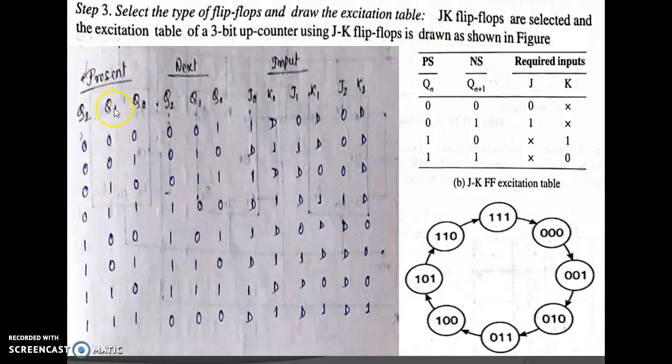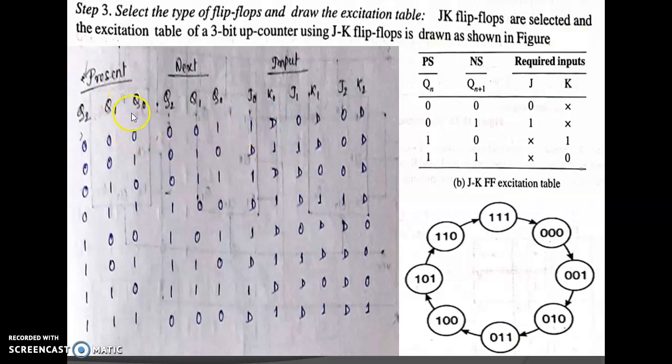So this is the present state Q0 and this is the next state Q0. At first, present state Q0 value is 0 and next state Q0 value is 1. Go to the truth table: present state 0, next state 1, this time J value 1 and K value don't care (X).